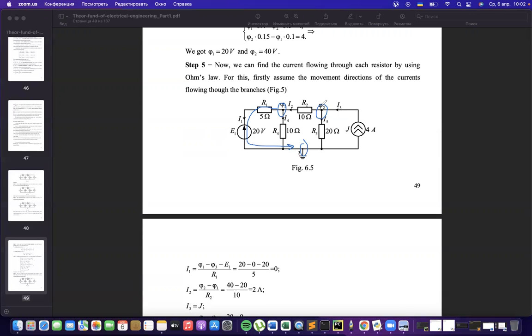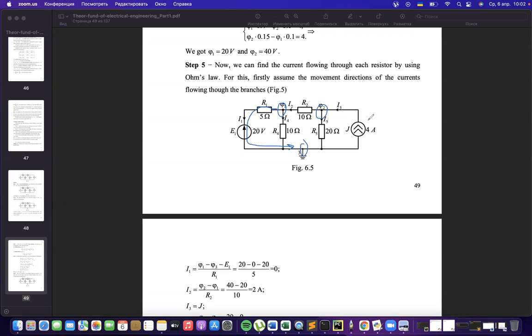But in the next one, in the second branch, the current appears. It equals Phi2 minus Phi1. We always take the point from which the current starts minus the point in which the current ends, looking at the current direction. And here it will be 40 minus 20 volts divided by 10, which equals 2 amperes.